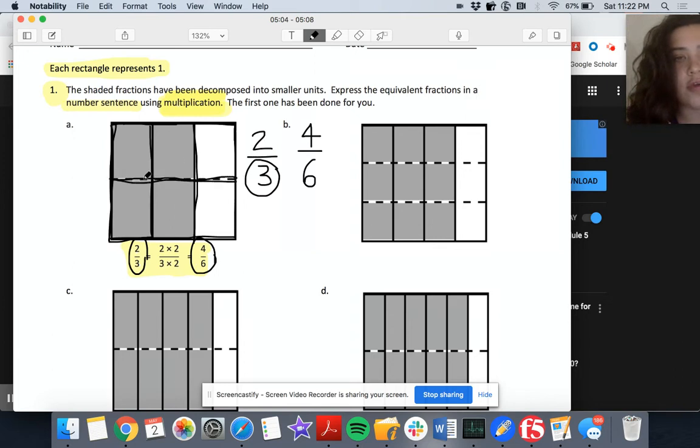So instead of now 1 piece, we had 2 pieces in each figure. And they show that by multiplying it by 2. So then we know that 2 times 2 is 4, 3 times 2 is 6. And that once again shows that 2/3 is equal to 4/6.